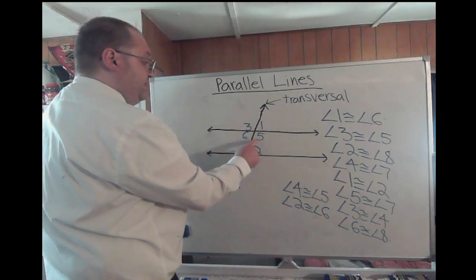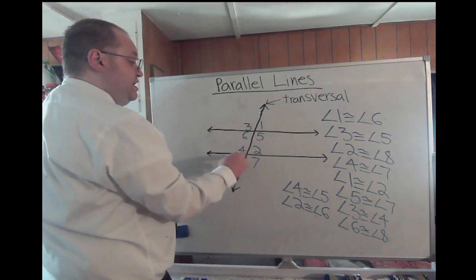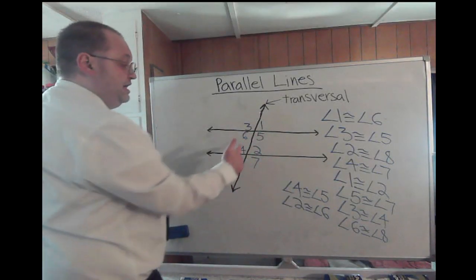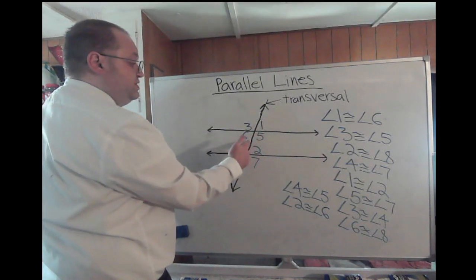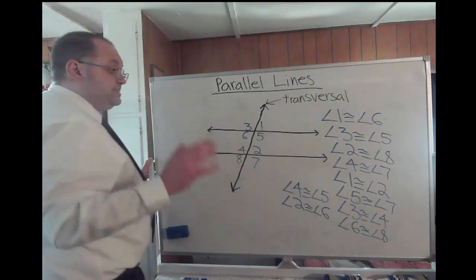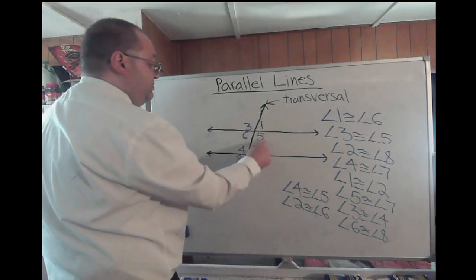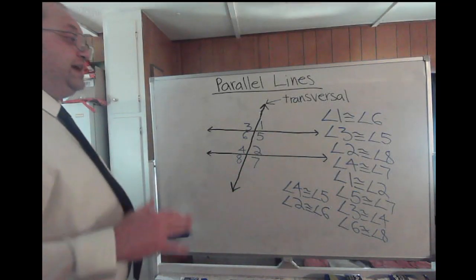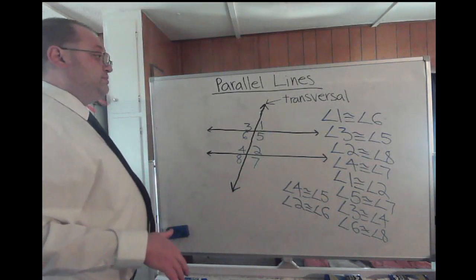Alternate interior angles such as 4 and 5, they alternate. They're on the interior between the two parallel lines. Those are always congruent. Same with 2 and 6. Those would be congruent. Then you have same side interior angles such as 2 and 5, and then 4 and 6. Those two are supplementary to each other. They add up to be 180.